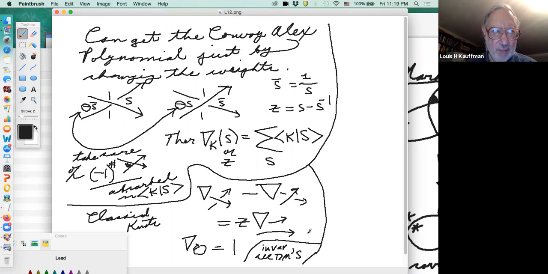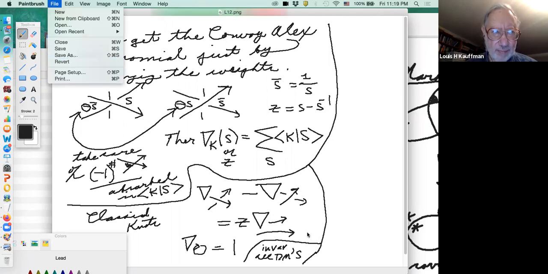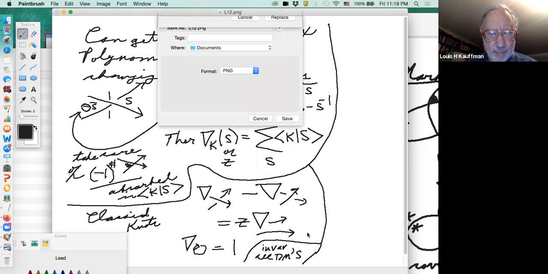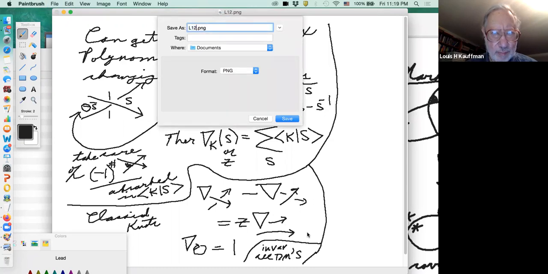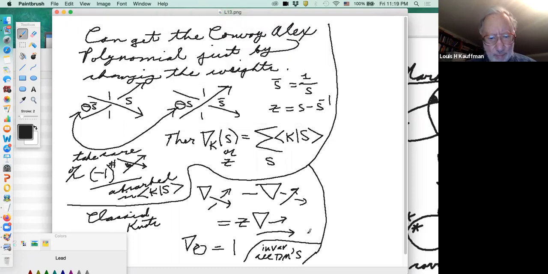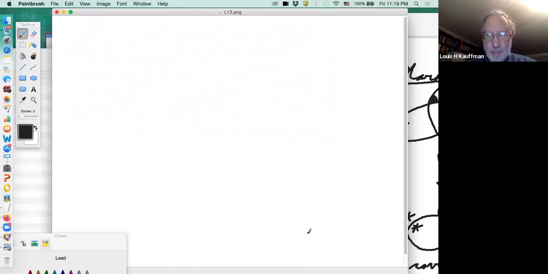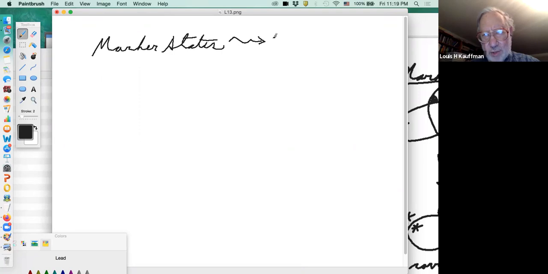I can state the problem right now. The marker states give rise to the Conway polynomial.